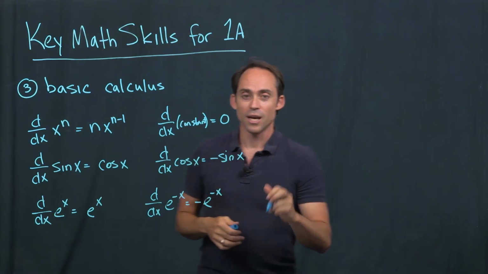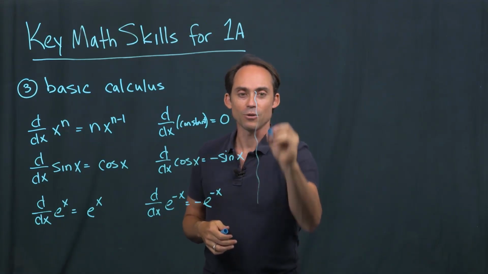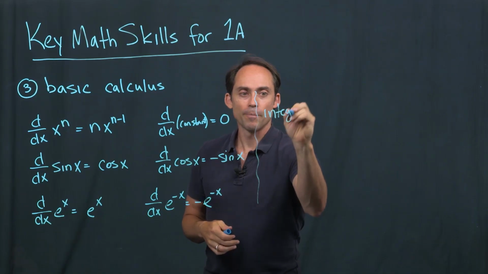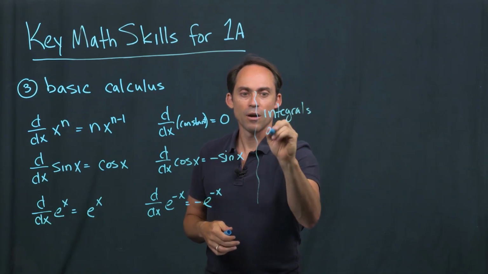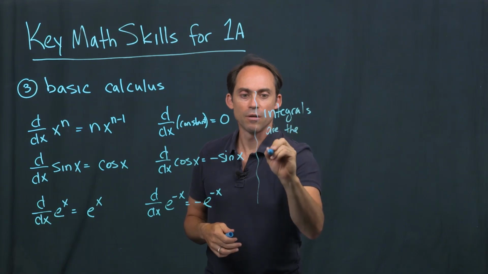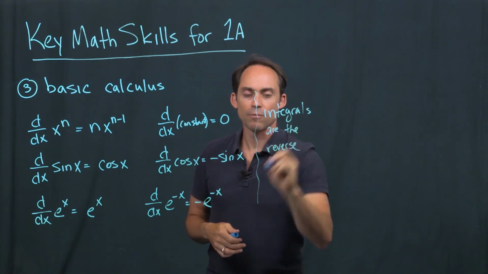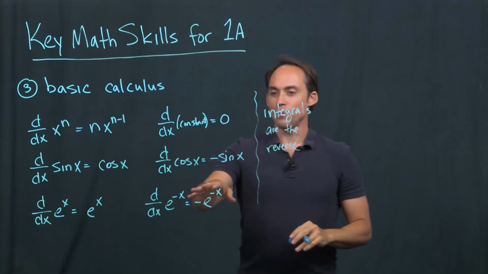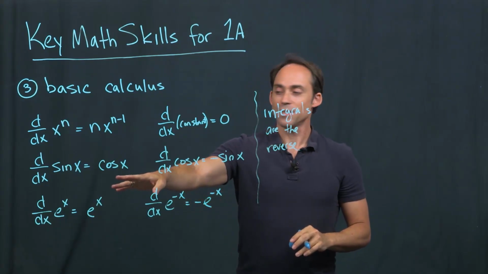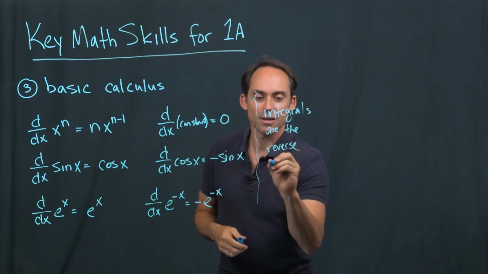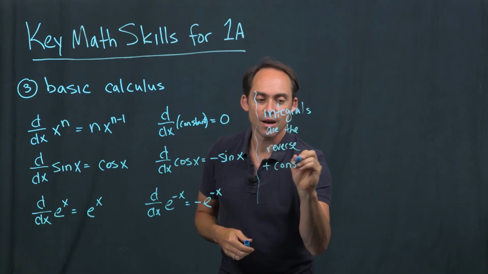Now this is really the whole ecosystem of derivatives that you'll need to know, or at least recognize, in the Physics 1 course. And just remember that the integrals are the reverse. So the integral, for example, of cosine x is equal to sine x plus a constant.